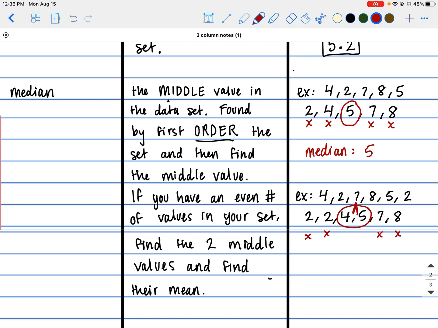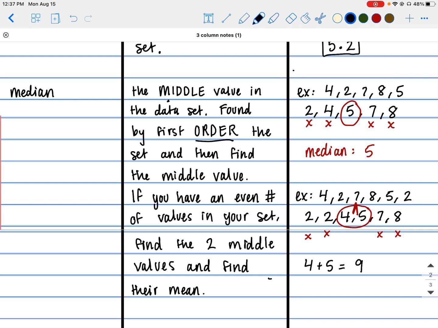All right, so what do I have to do? I have to find the mean. I have to find the average of those numbers to find out what's in between. So how do we find the mean? If you reference back up on your notes, you are going to add the values in the set. Remember, in this case, we're only talking about those two middle values. So you're not adding the values in the whole set. You're just adding 4 and 5. So for median, when you're finding the mean of the two middle values, you should only be adding 2 values since it's just the two middle ones.